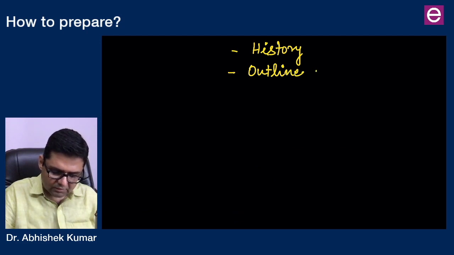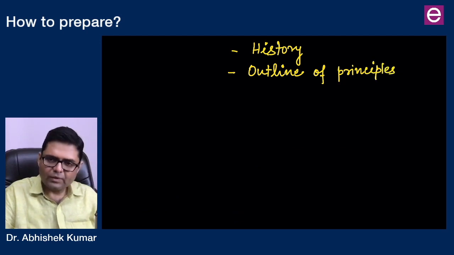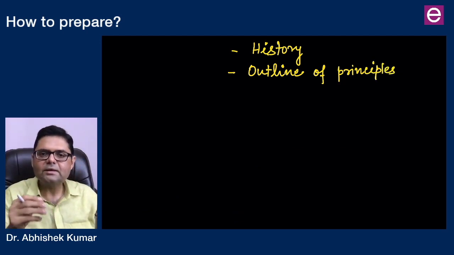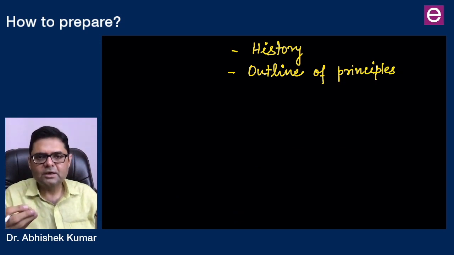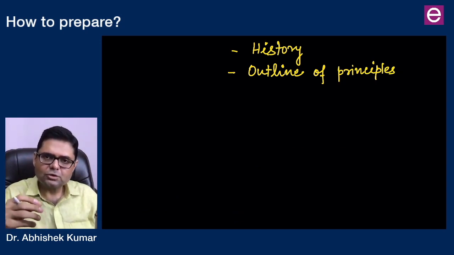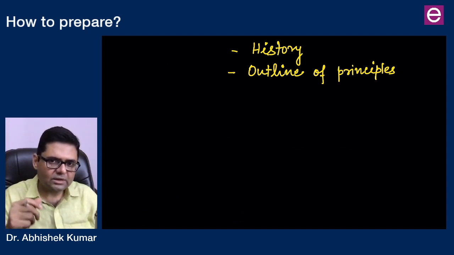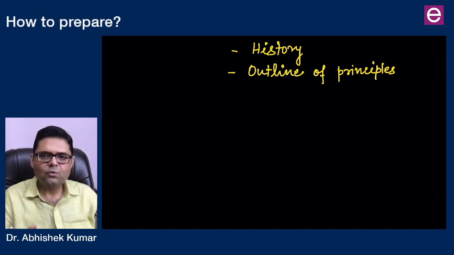Number two, the outline of principle. That means that whenever you are classifying a group of organisms, of course you are classifying on the basis of certain criteria. So for Bentham and Hooker, what were the criteria? For Hutchinson, what were the criteria?